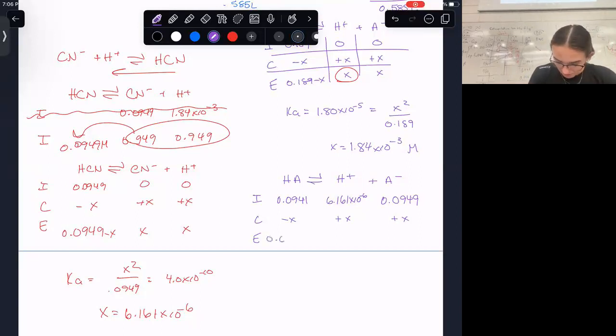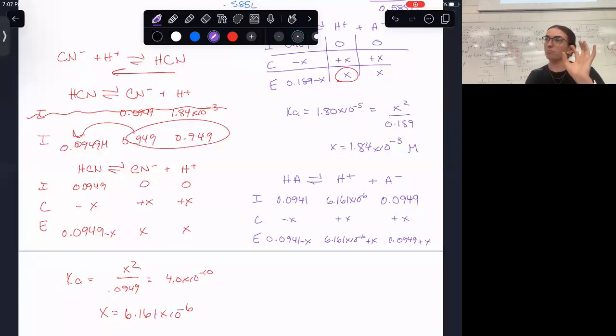So we have 0.0941 minus X, 6.161 times 10 to the negative 6 plus X, and 0.0949 plus X.